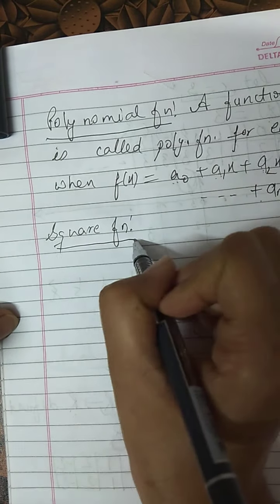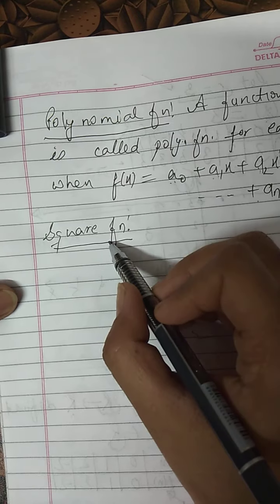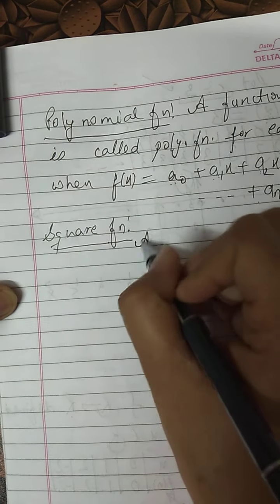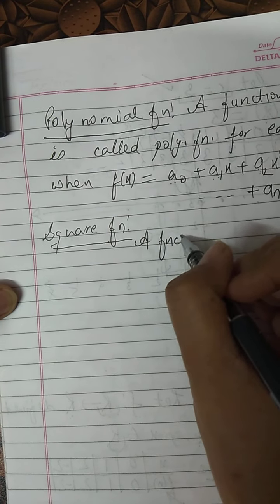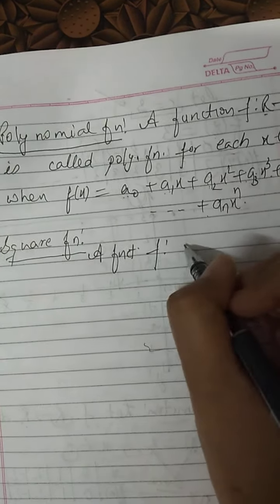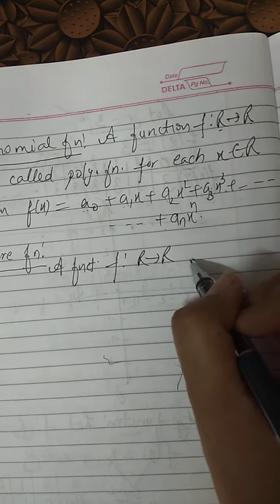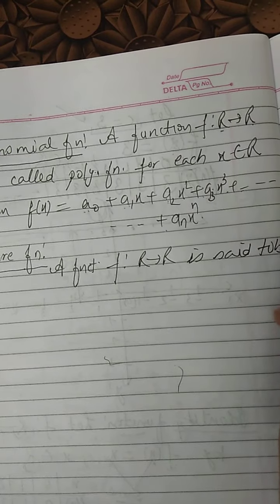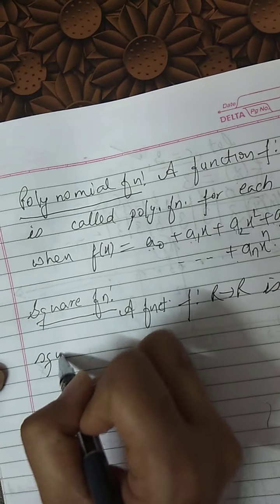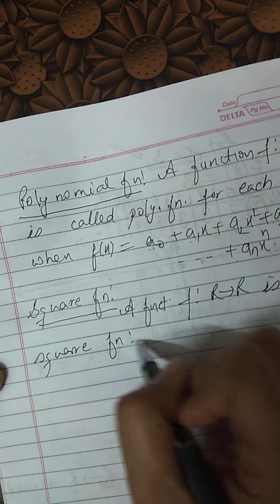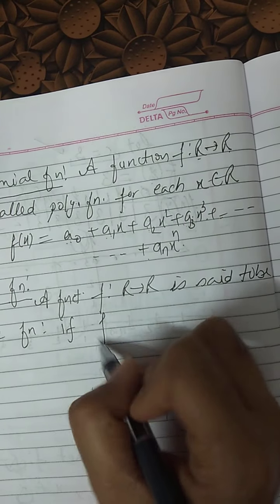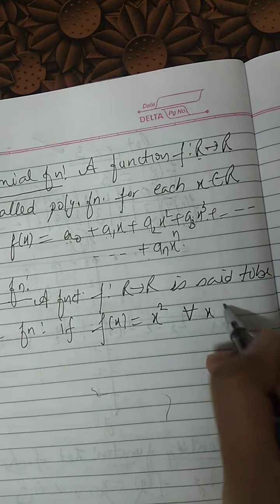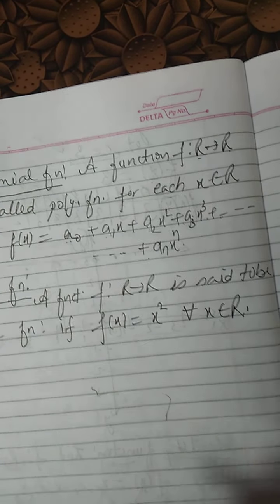Now square function means whatever I am giving to the function, it is giving me the square of that number. In simple words, a function f from R to R is said to be square function if f of x is equal to x square for all x belonging to the set of real numbers.